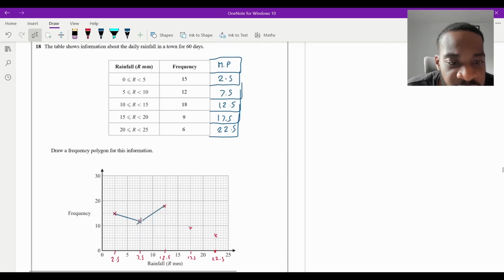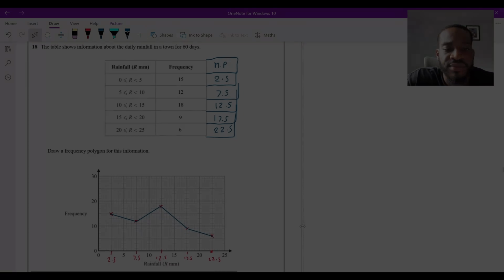And then this one is going to be like that. Obviously, in the exam, you'd have an actual ruler, wouldn't you? So you'd be fine. And then last one's just going to be like that. And yeah, that's it. That's question 18 finished.